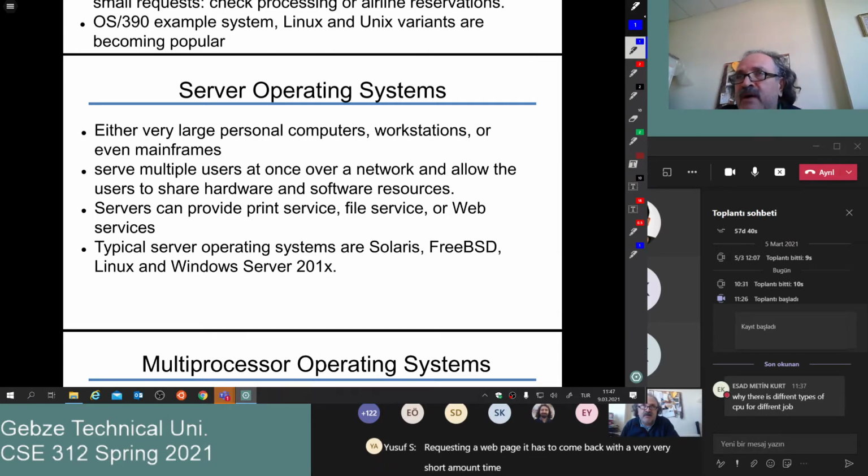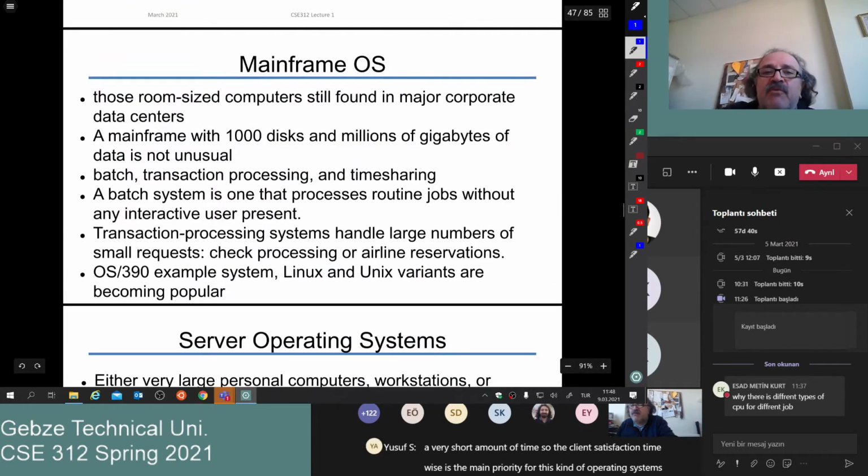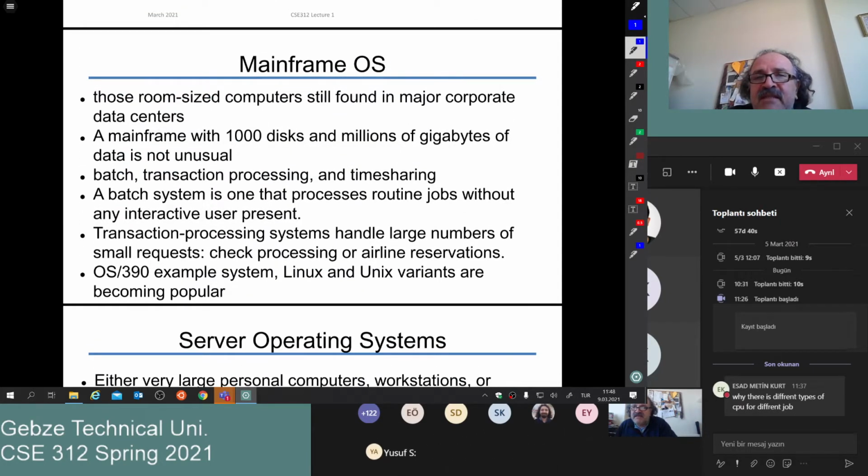Or a file has to be ready in a very short amount of time. So client satisfaction, time-wise, is the main priority for these kinds of operating systems. But for the mainframe operating systems, it is again system usage. I don't want to waste any CPU time of the mainframes.